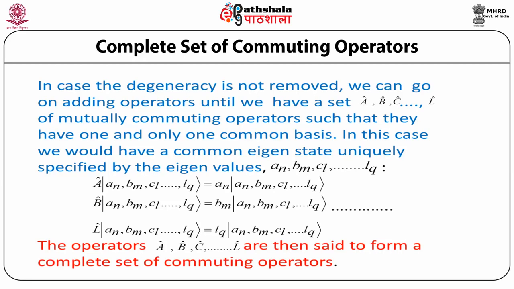And in this manner we can continue. And finally, operator L acting on the common basis ket vector an, bm, cl, and so on till lq is equal to lq times the common basis ket vector. Here an, bm, cl, and so on till lq are the uniquely defined eigenvalues corresponding to the eigenvectors of the common basis and the operators A, B, C, and so on till L respectively.